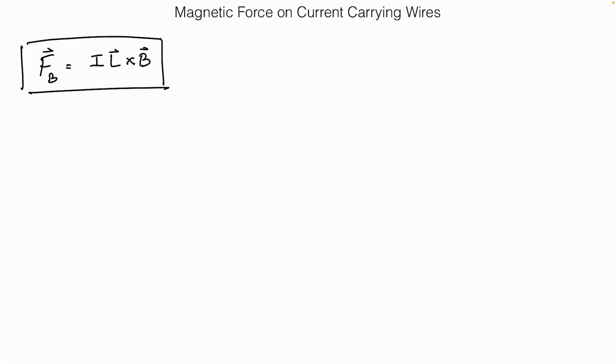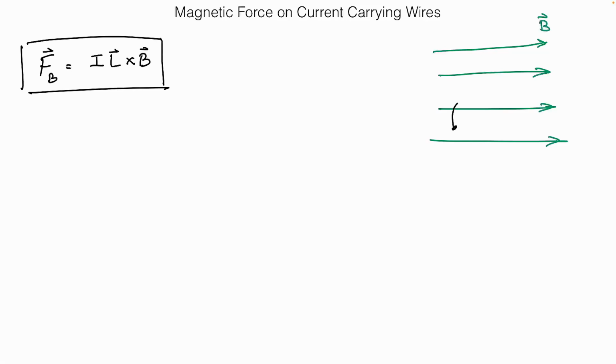I want to talk about an issue here, and it's the fact that wires can really take on just about any shape in a magnetic field. So let's say I have a magnetic field that's pointed to the right, everywhere in this space. And then I have a wire that for some reason starts here, flows around like that.